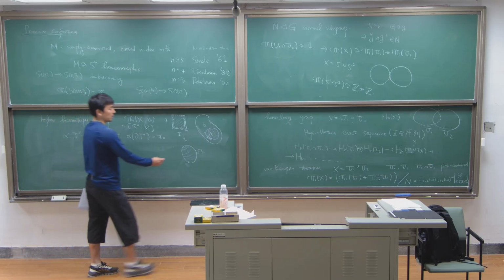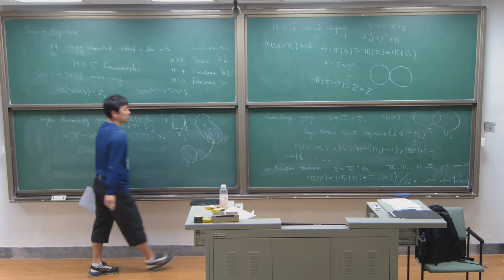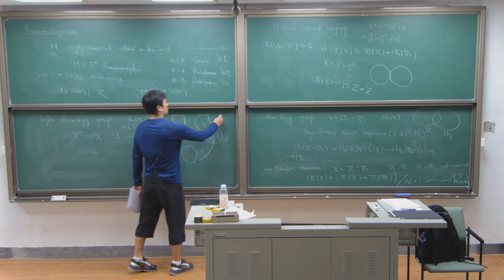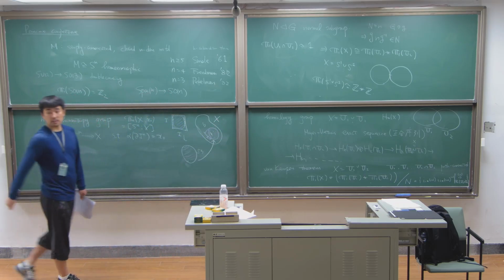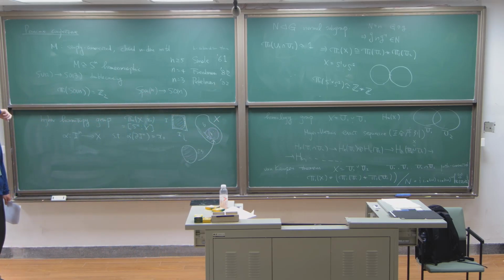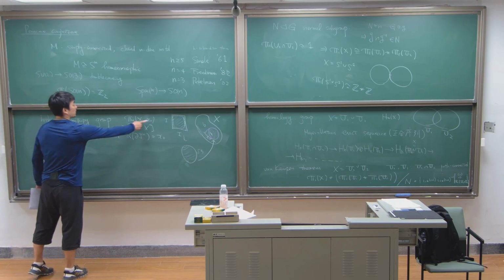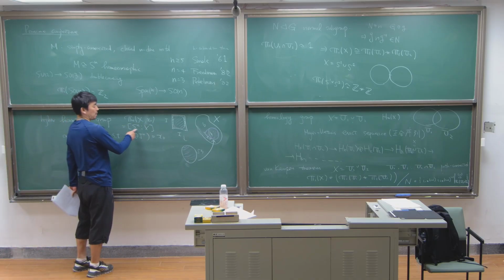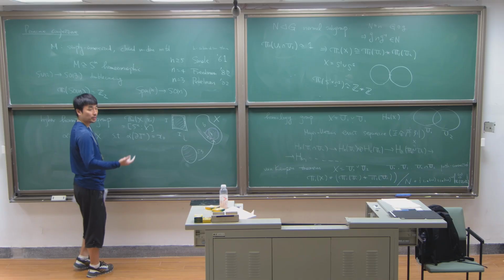So after homotopy, it's just how you map S^n to X. That's the homotopy group. So pi n of X, x naught is essentially how S^n maps to X up to homotopy equivalence.